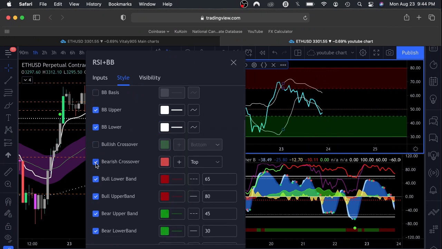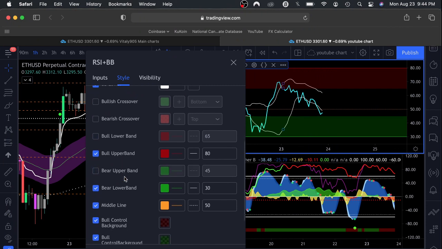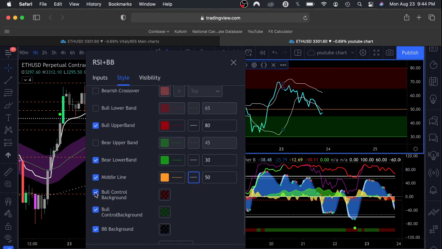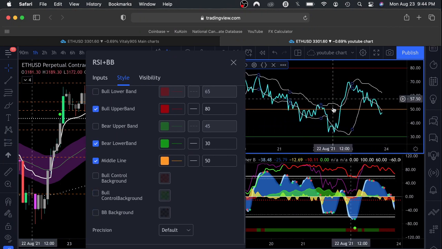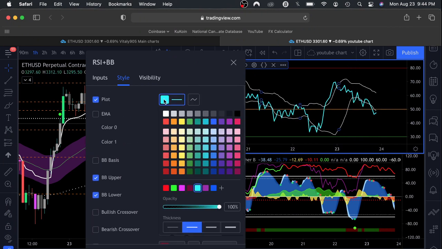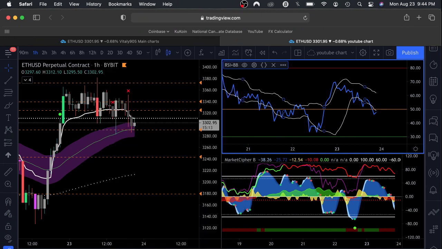And then these plus signs, I'll turn that off. I'll turn this off. This is just how I customize my chart. I turn this into a line. And then this. That blue seems a little bit too bright, so that'll do. Okay.